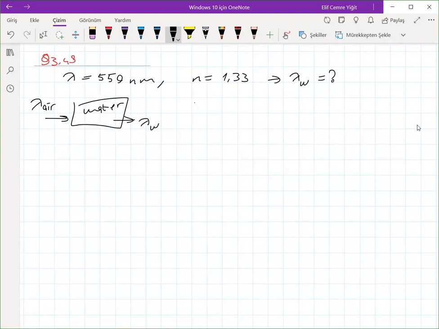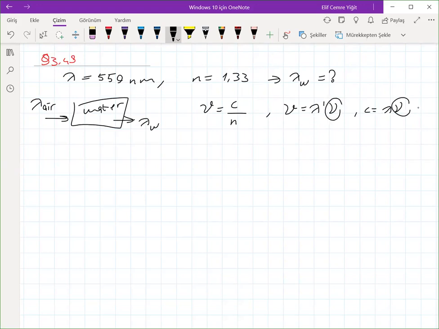We know that velocity is equal to C over n, and velocity is lambda prime nu, and C is equal to lambda nu. So this lambda and this lambda are different, be careful about it, but this nu and this nu are the same.